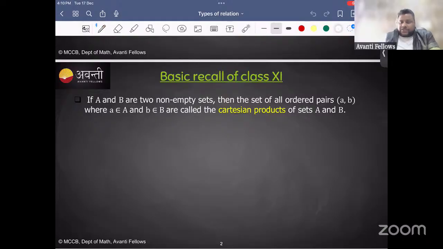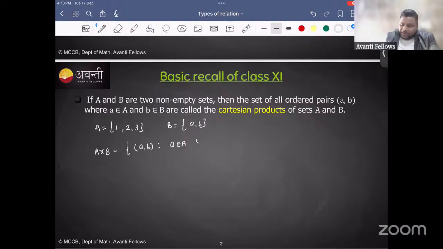I will do it once for you. Say you have a set A as {1, 2, 3} and set B as {a, b}. So what will be A cross B? A cross B will be the ordered pair (a, b) such that a belongs to A and b belongs to B. I should not write a, b as they are already used. Let me use x and y.